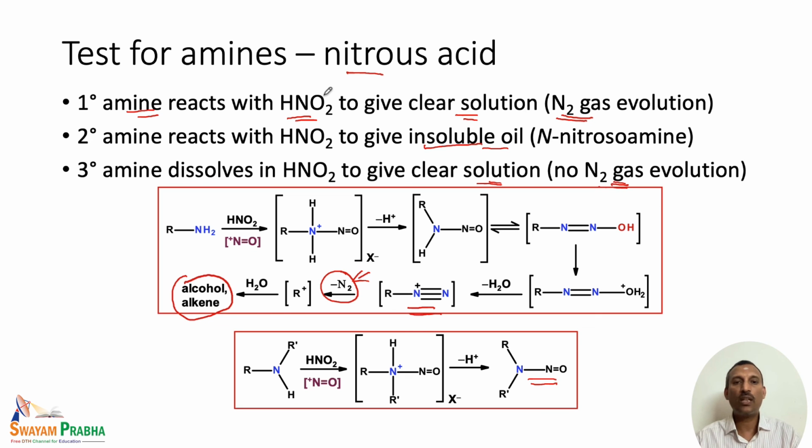So, to differentiate: if it is a primary amine, it will give nitrogen gas evolution. If it is a secondary amine, we will get an insoluble oil and no nitrogen gas evolution. If it is a tertiary amine, we will get a clear solution and no nitrogen gas evolution. By that we can differentiate between primary, secondary and tertiary amines.